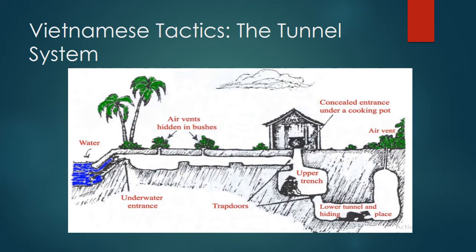And the American forces tried their best to destroy the Ho Chi Minh Trail and this tunnel system, but they couldn't succeed thoroughly in that.